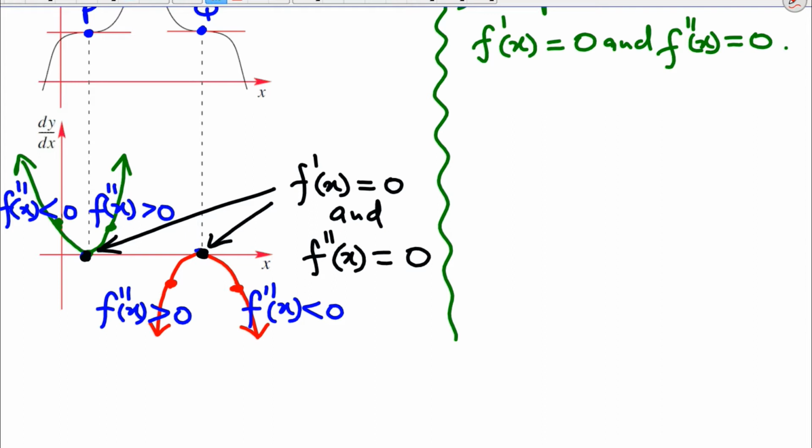Something else you can notice is that at point P, concavity changes from concave down to concave up.